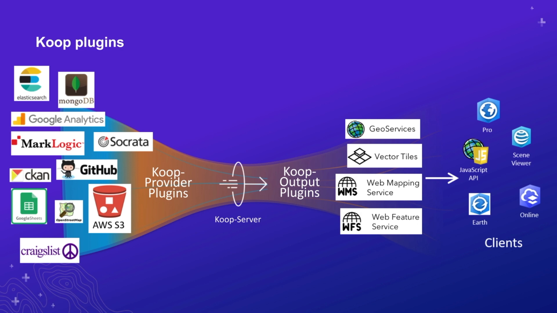Those provider plugins funnel data through the Koop server, which passes it on to any of the registered Koop output plugins, which include geoservices or vector tiles, and so forth. Those output plugins will eventually pass data on to any of the clients that initially requested the data. And as noted before, and as implied by the title of this talk, ArcGIS clients are able to connect to Koop because of the geoservices output plugin.